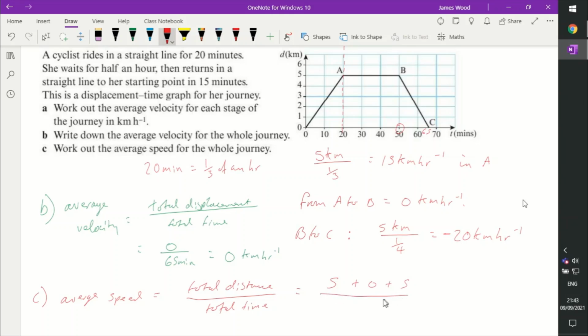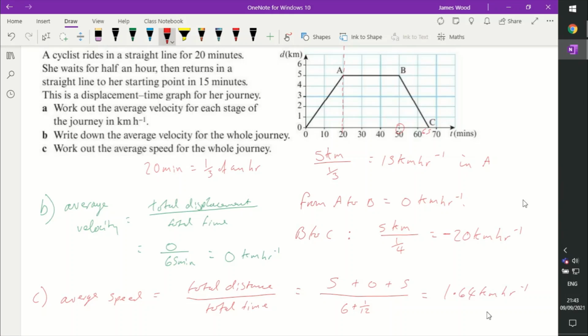The total time was 65 minutes. That would be 1 and 1/12 hours, basically, wouldn't it? I'm going to write that as 1 and 1/12, because 5 minutes is 1/12 of an hour. Then we can work out this fraction. So 10 divided by 1 plus 1/12. We get 9.23 kilometers per hour would be the average speed.